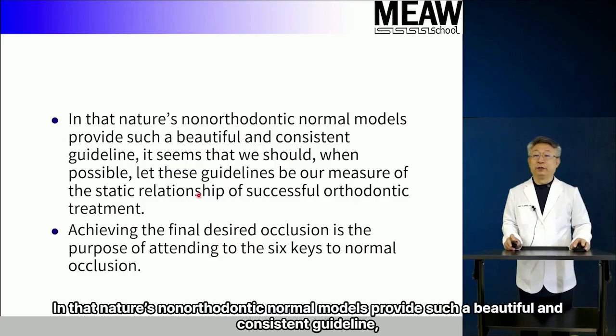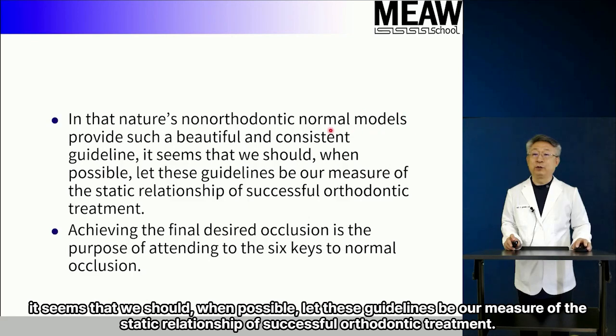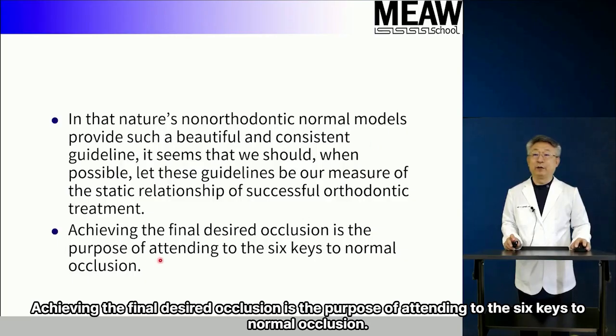In that nature's non-orthodontic normal models provide such a beautiful and consistent guideline, it seems that we should, when possible, let these guidelines be our measure of the static relationship of successful orthodontic treatment. Achieving the final desired occlusion is the purpose of attending to the 6 keys to normal occlusion.